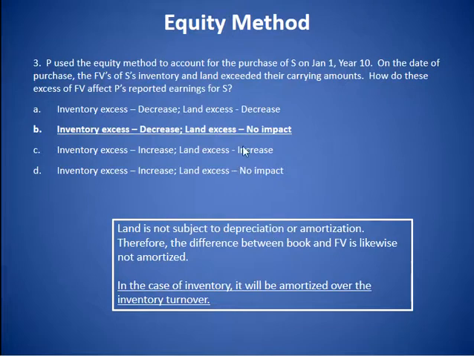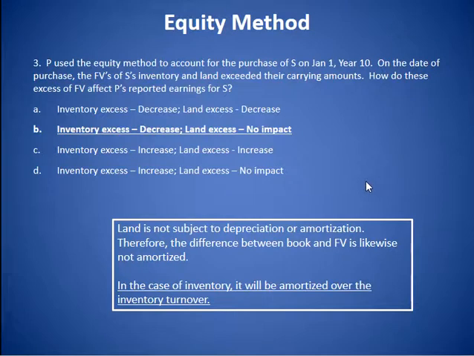Now remember, if we actually spent more money than the fair value of the assets that we are purchasing, we're going to depreciate that excess over the life of the assets.